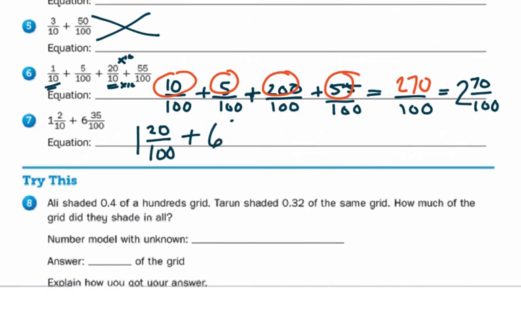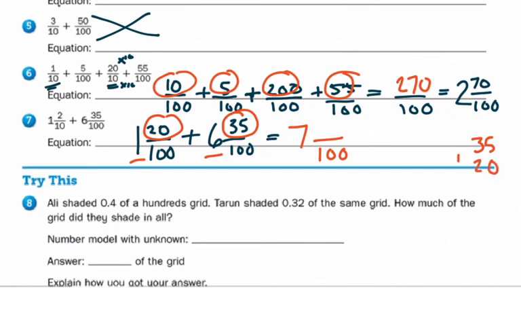Now they have the same denominator, and I can go ahead and add. Add your whole numbers. 1 plus 6 is 7. Hundredths stays the same. 35 plus 20. Again, you may be able to do this in your head. Would be 55 hundredths.